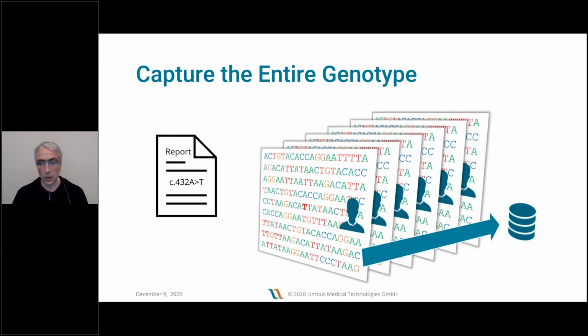In fact, you would like to create a structured database of all the genotypes that you've ever seen, that gives you transparency in how many patients you have seen a variant and what are the phenotypes that these patients have been associated with. So this transparency gives you power, gives you knowledge, and helps you to assess clinical cases downstream.